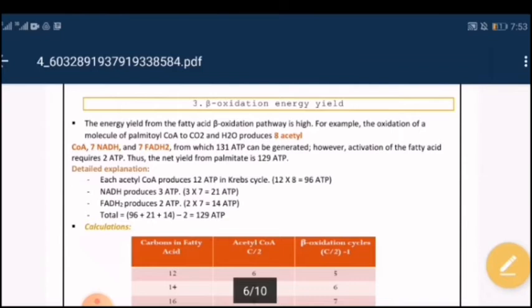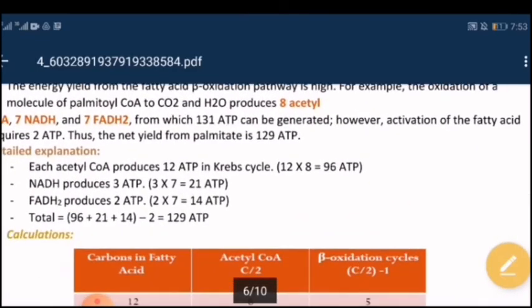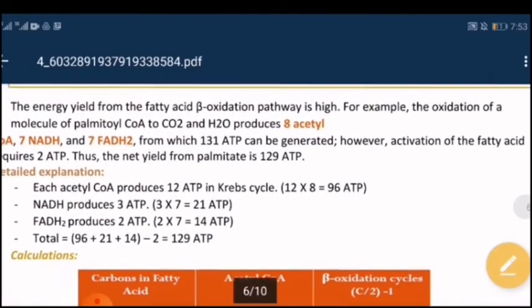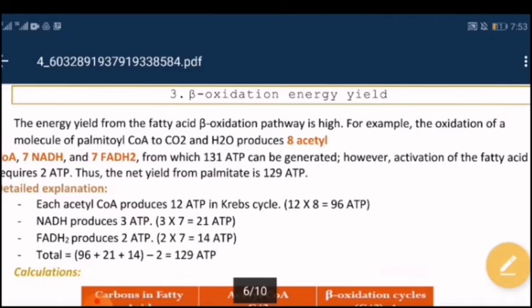However, the activation of fatty acids requires 2 ATPs, so the net yield is 129 ATPs. How was it calculated? You know that a single NADH produces 3 ATP inside the ETC, and FADH2 produces only 2 ATPs.